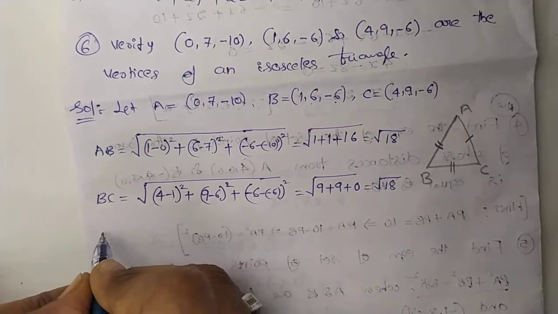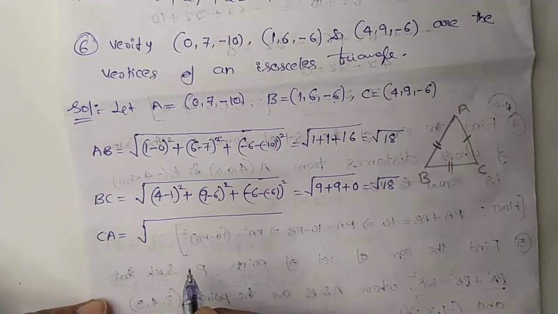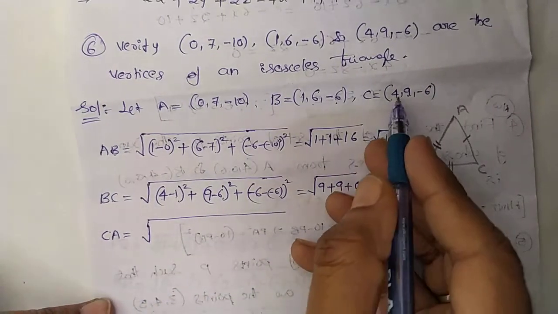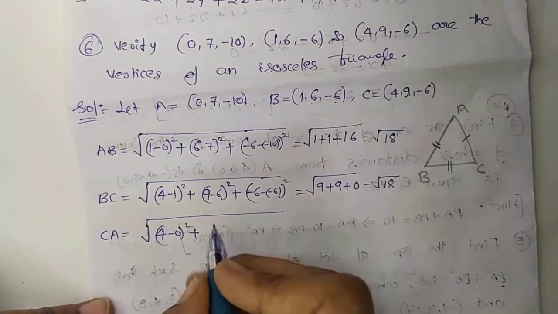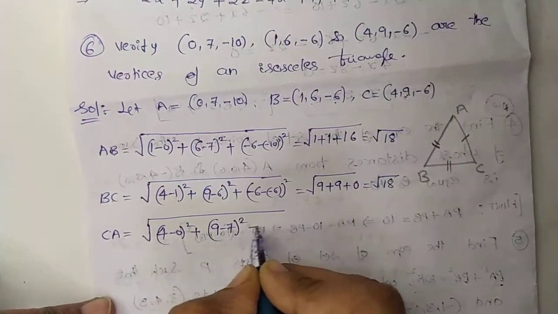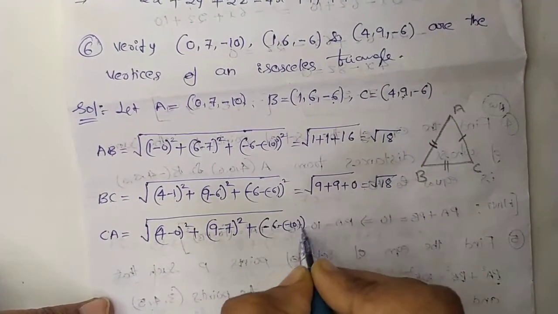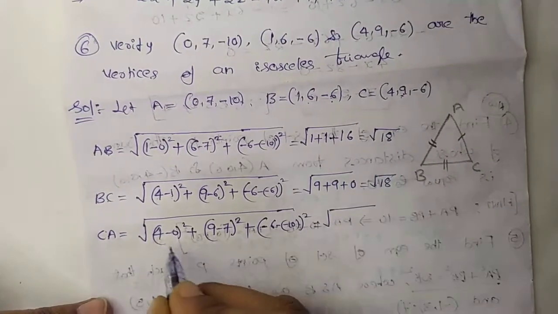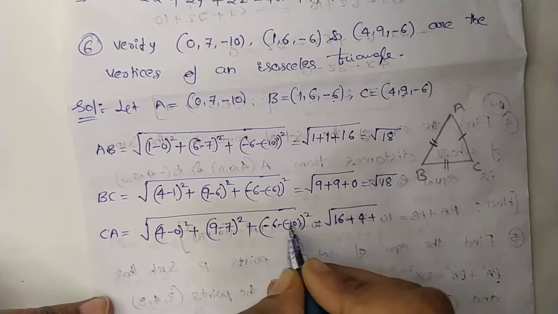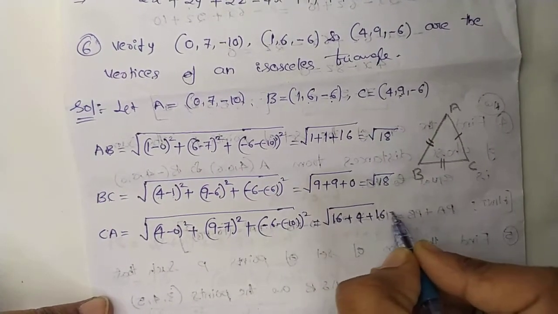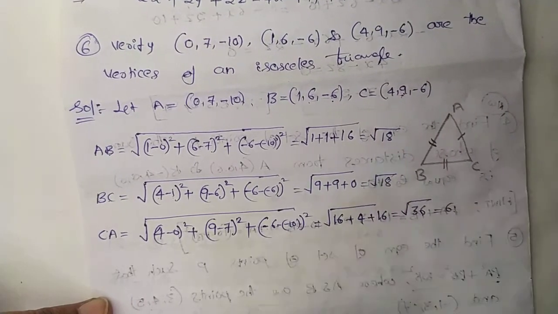If you want, you can also find the distance CA. CA equals the square root of (4 minus 0) whole square plus (9 minus 7) whole square plus (-6 minus (-10)) whole square, that is 4 minus 0 is 4, square is 16, plus 9 minus 7 is 2, 2 square is 4, plus 10 minus 6 is 4, 4 square is 16, that is 16 plus 4 plus 16 is 36, root 36 equals 6.